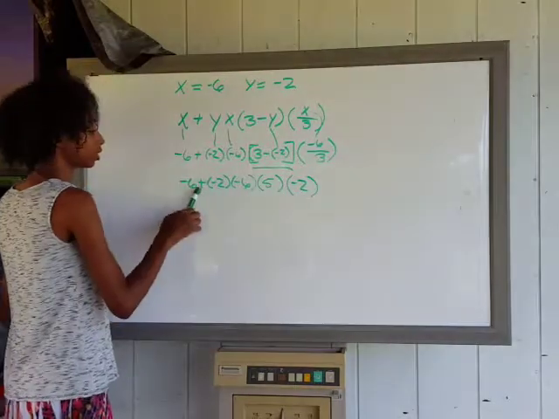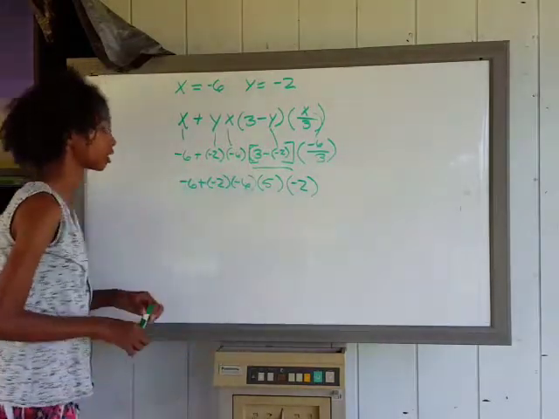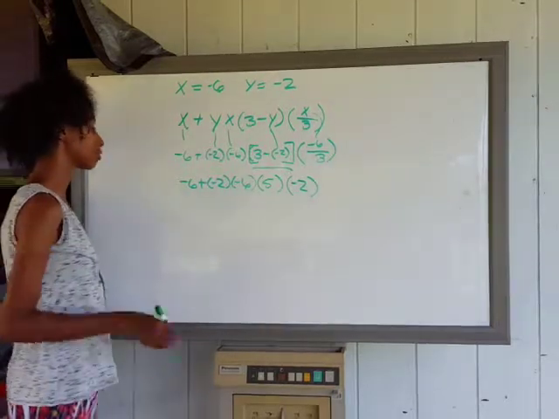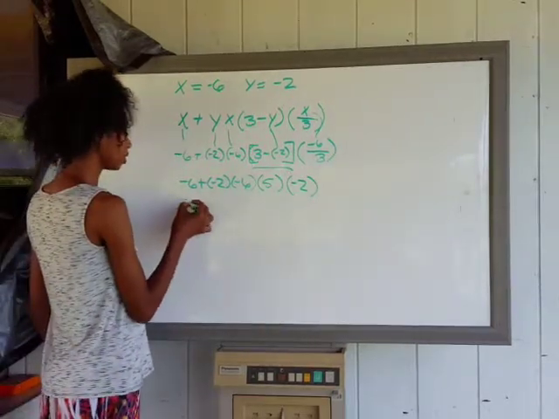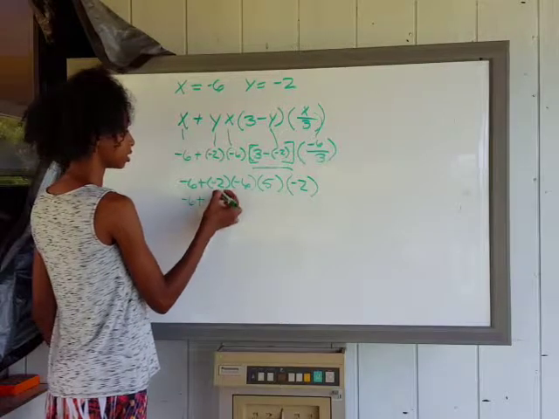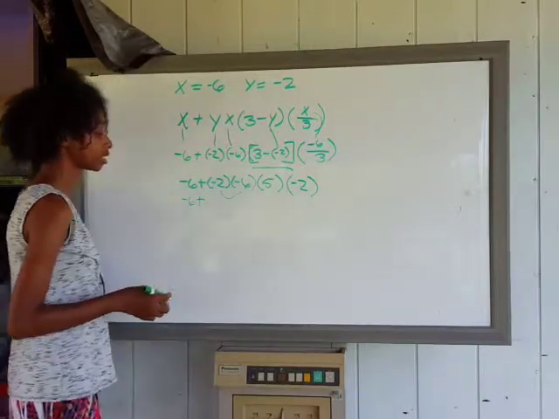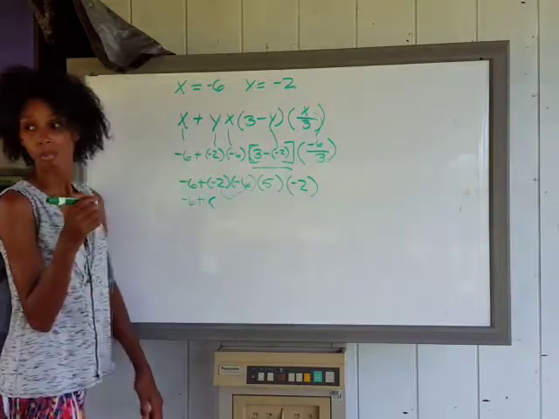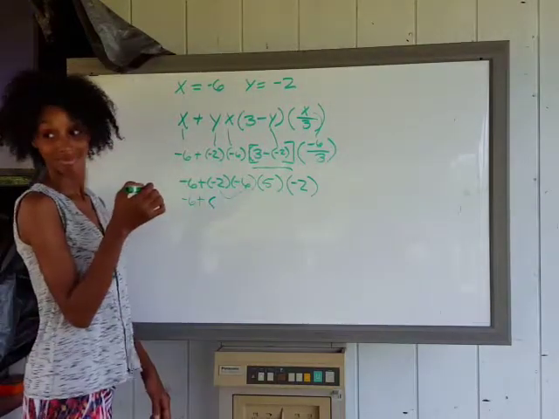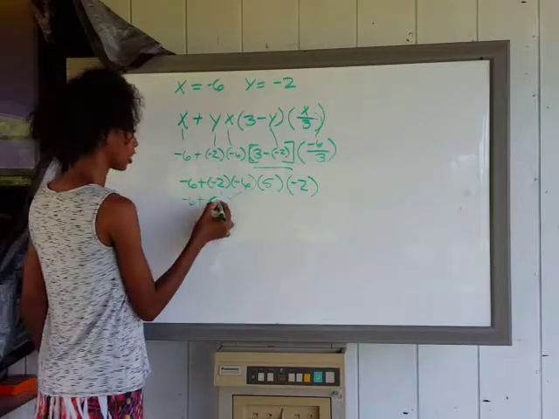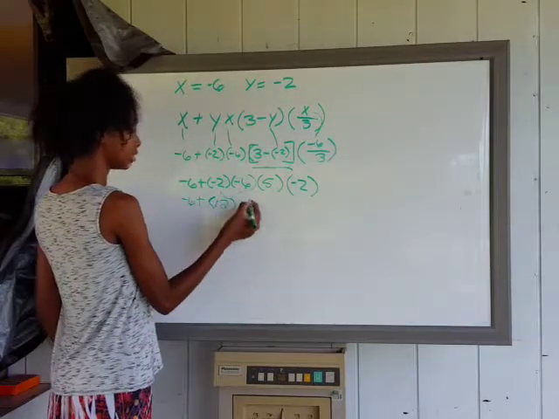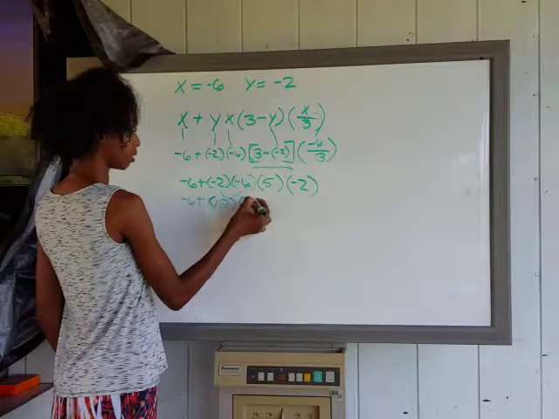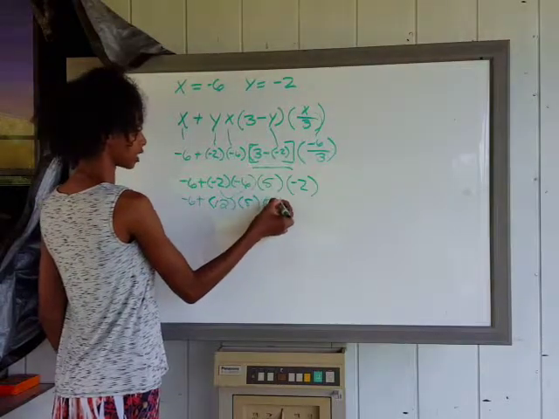Alright, so then we have addition and multiplication. So following our order of operations, we multiply first, left to right. So we have negative 6 plus negative 2 times negative 6, which is positive 12. And then positive 12 times 5 times negative 2.